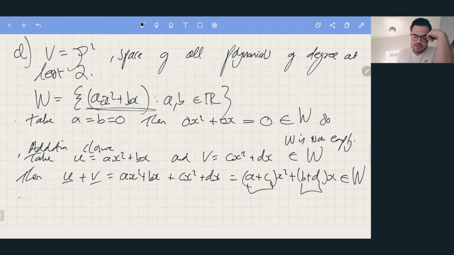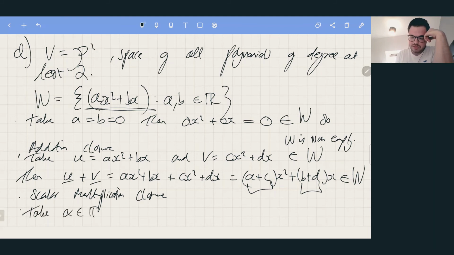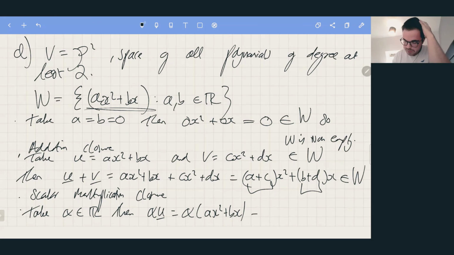Now, scalar multiplication closure. I apologize for my handwriting. We'll take alpha to just be a real number. Then we will have alpha u equal to alpha lots of u, which is alpha times ax squared plus bx, which is alpha a x squared plus alpha b x.